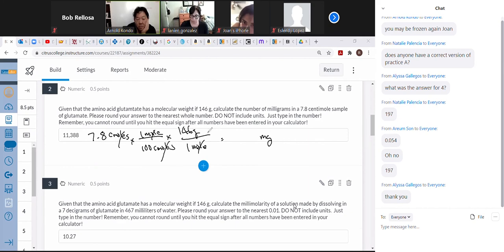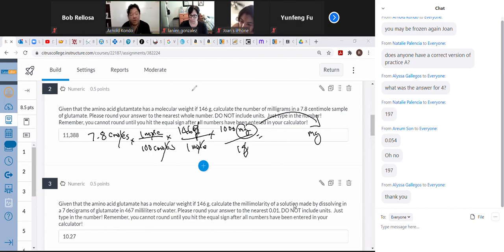Then 1,000 milligrams to 1 gram. Grams cancel out, so our final answer is in milligrams. There you go.